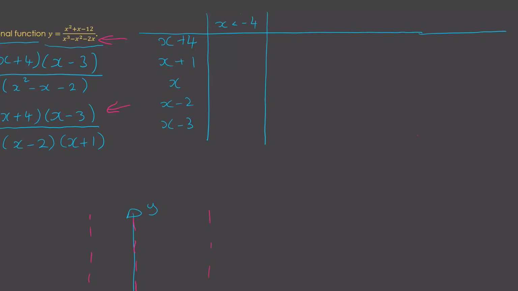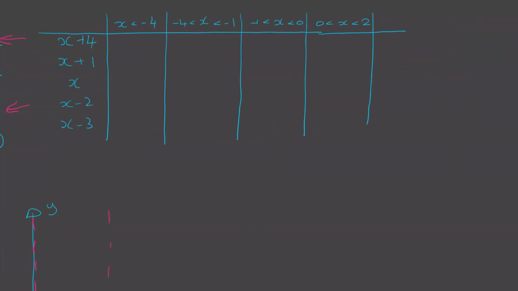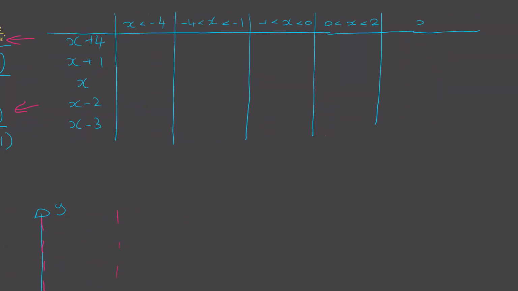We then have between negative 4 and negative 1, which is an asymptote. We have between negative 1 and 0. That's between those two asymptotes. We have between 0 and 2. We have between 2 and 3, and then we have what happens beyond 3.